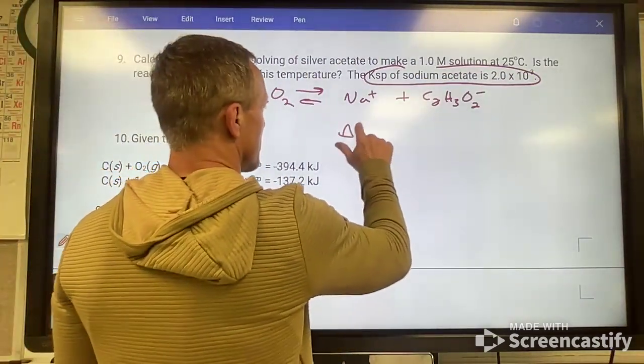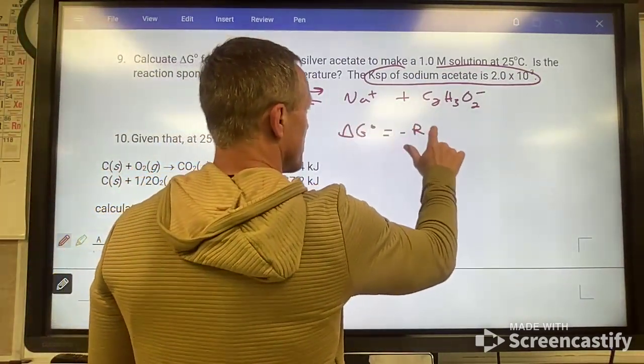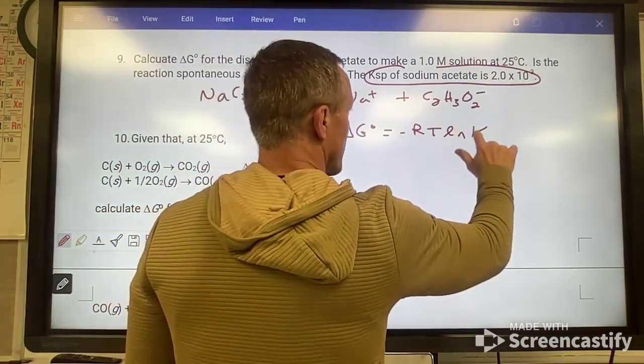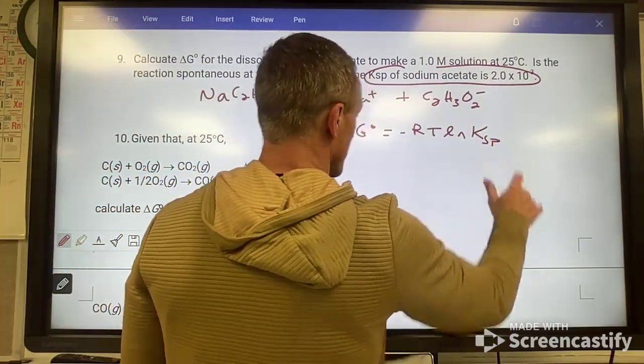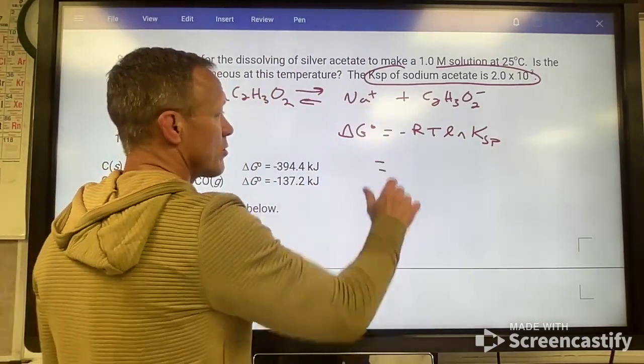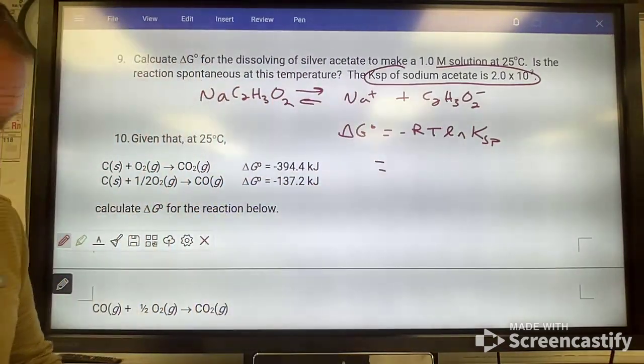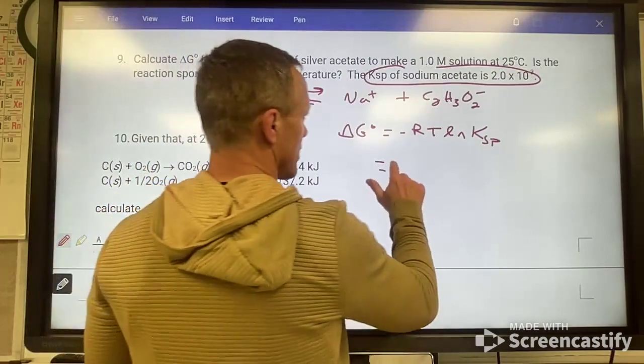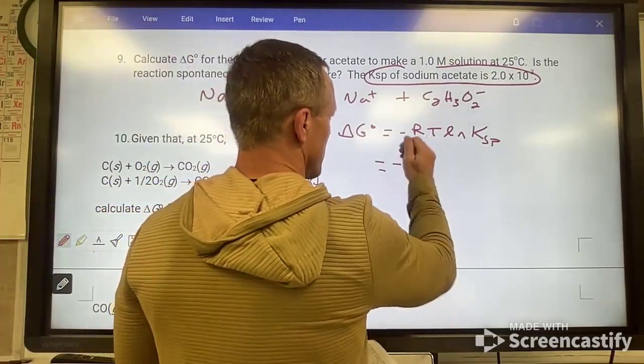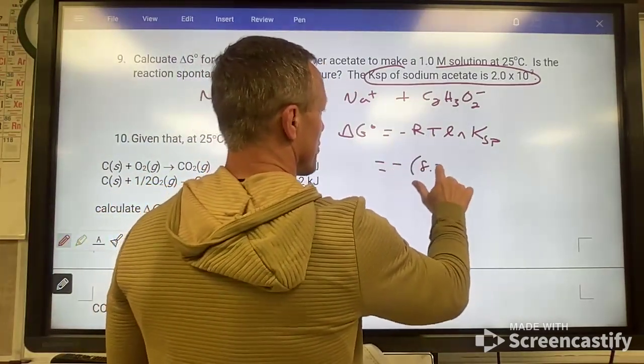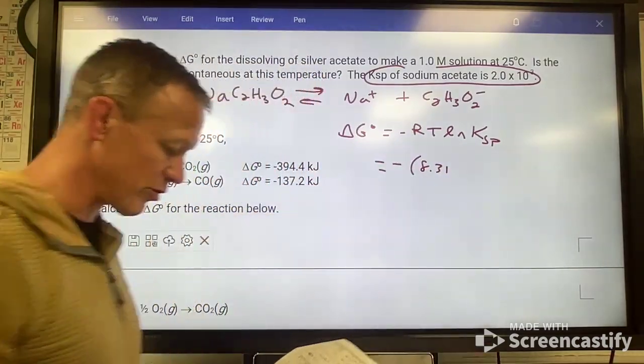So delta G equals a negative RT ln of K. In this case, it's Ksp. Equals, our R value is 8.314, and there's a negative out in front. Remember, that is joules per mole per degree Kelvin.